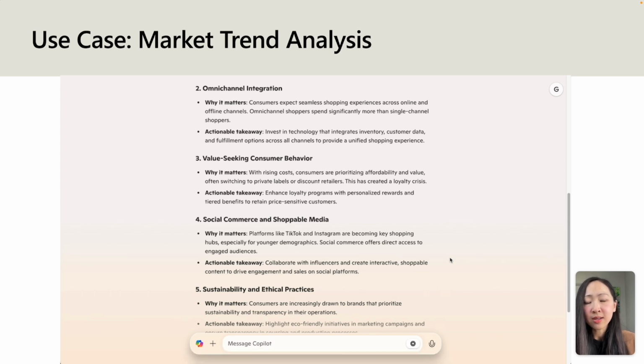Of course, in this example we're just feeding in one report. However, imagine you have so many reports and so much data. You can feed it all to AI and ask it to identify any market trends that you notice and which have implications for marketing.